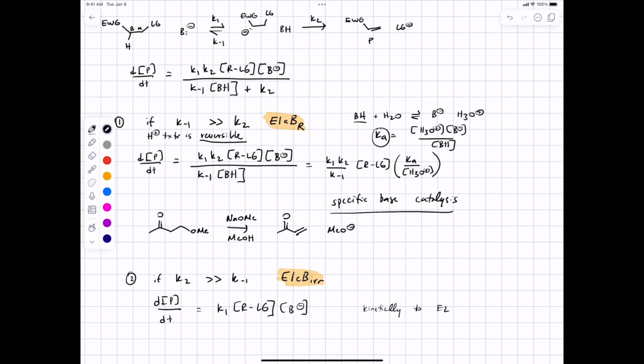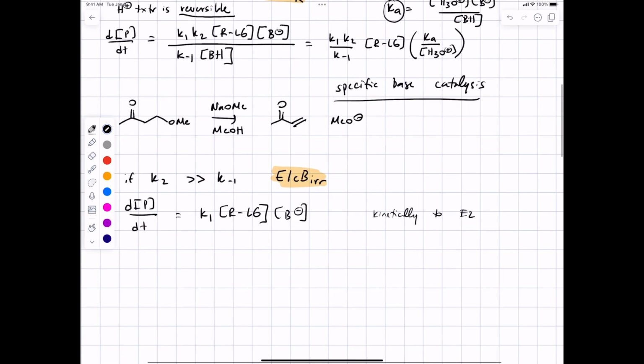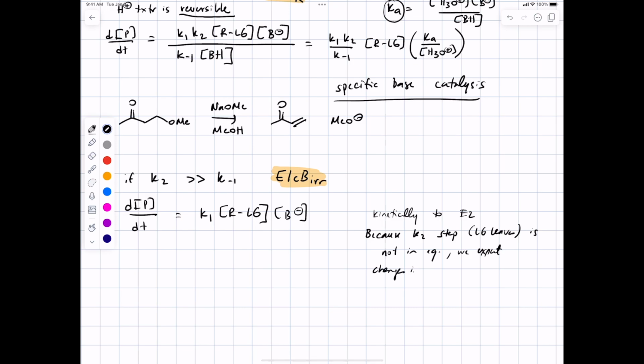However, there's one important hallmark, and that is that because the K2 step, where the leaving group leaves, is not in the equation, we expect changes in leaving group to not have a huge impact.